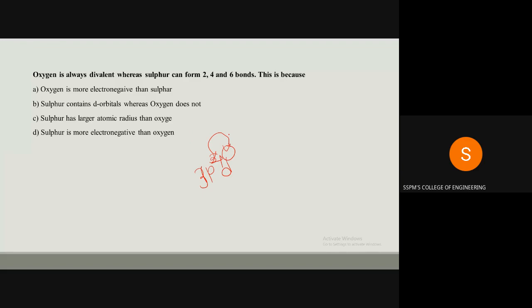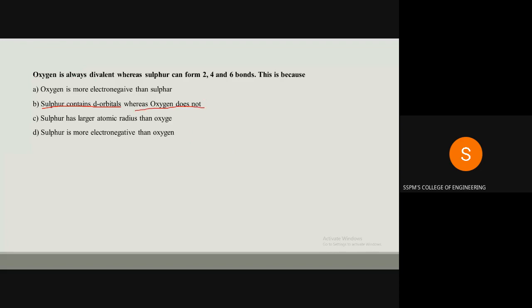So there is a use of d orbitals. The d orbital is used in the sulfur electronic configuration, whereas in oxygen it is not. Sulfur uses the d orbital. Hence sulfur contains d orbitals, whereas oxygen does not.